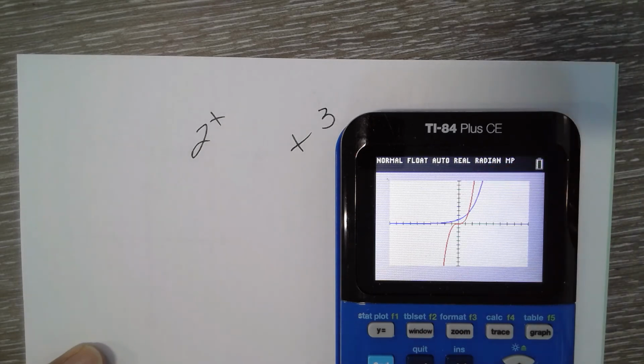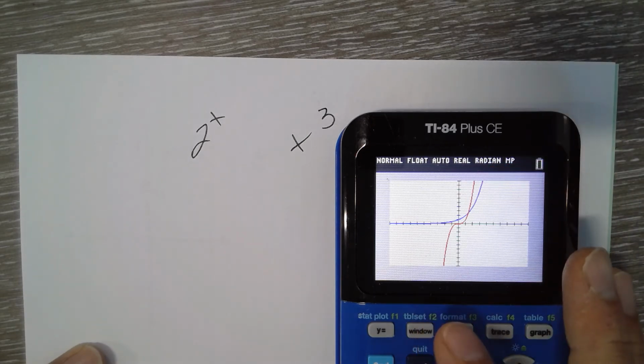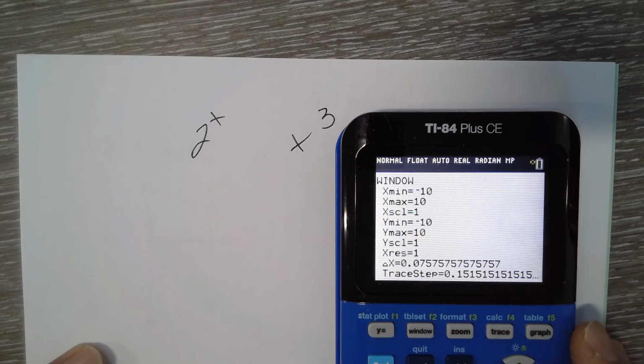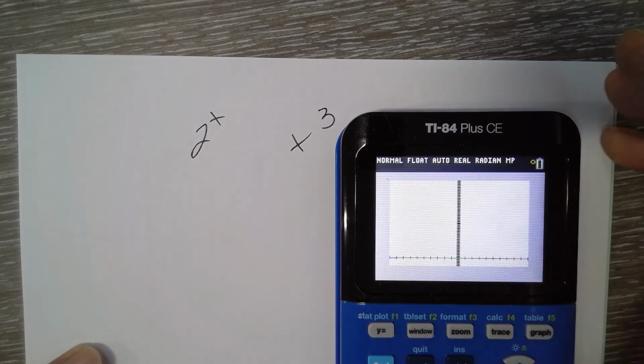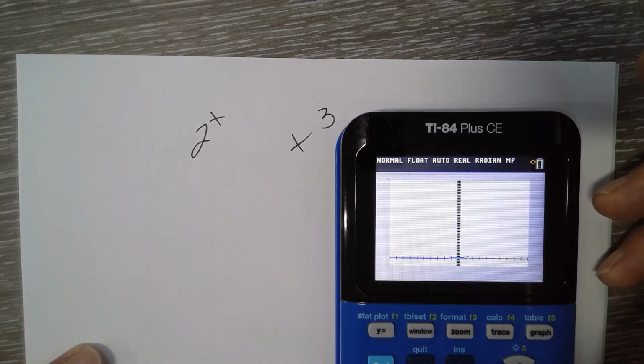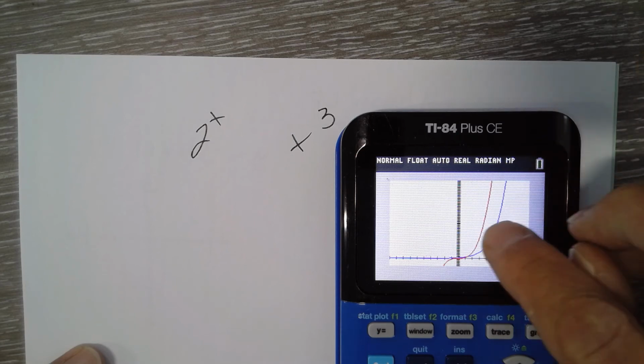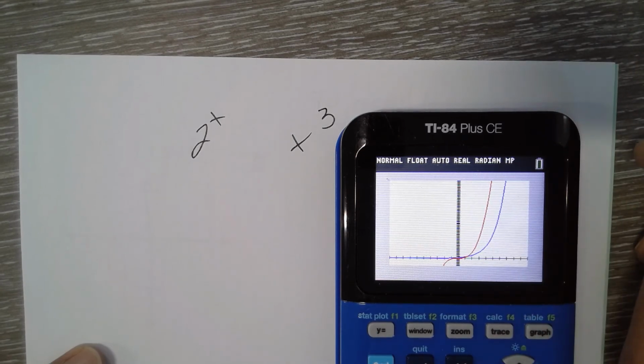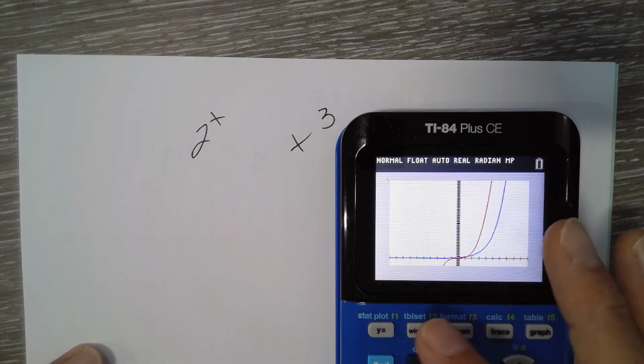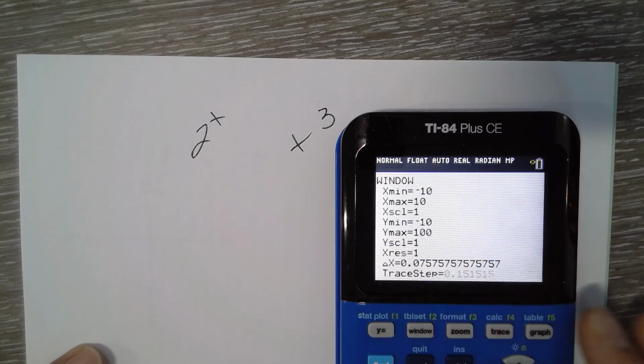But if you zoom out, maybe I'll increase my y max to 100, see if that does anything for us. Here's my exponential. Here comes my cubic. It still looks like the cubic is more dominant. Will the exponential overcome the cubic? Let's find out. So window, and I've got only a couple minutes of this video because it cuts off at 15 minutes.